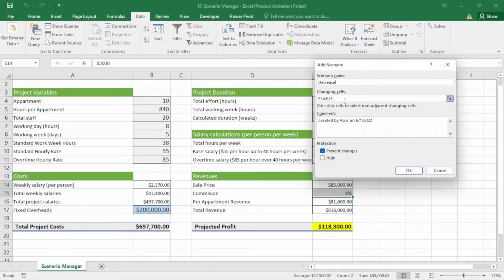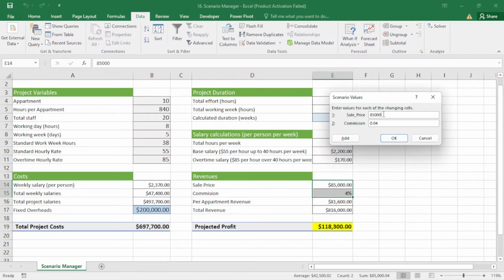decrease, and okay. Here you can see I just change it to 85,000, so it will become 75,000. So when the price decreases, the commission will decrease as well.